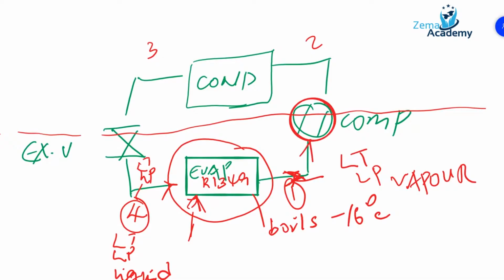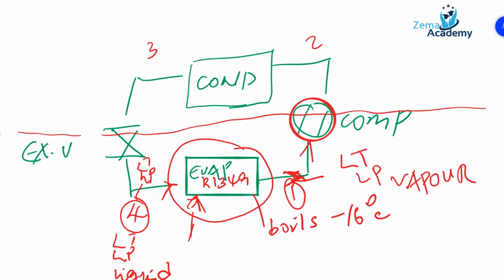The primary function of any compressor: at point 1, we have vapor, but that vapor is at a very, very low temperature and low pressure.